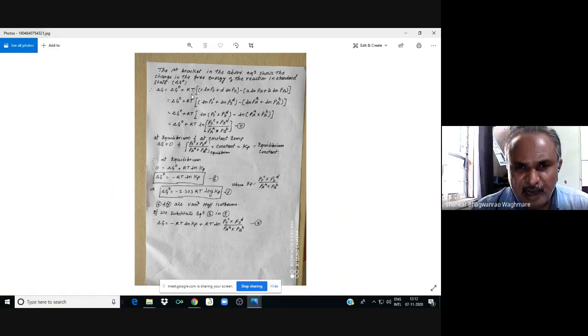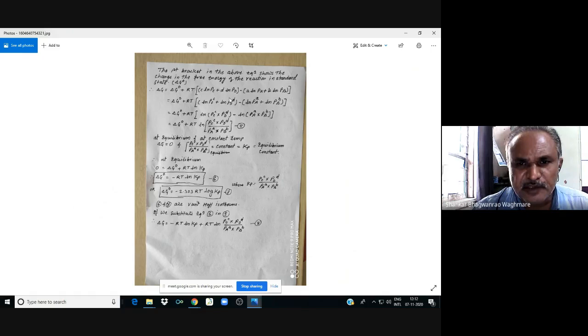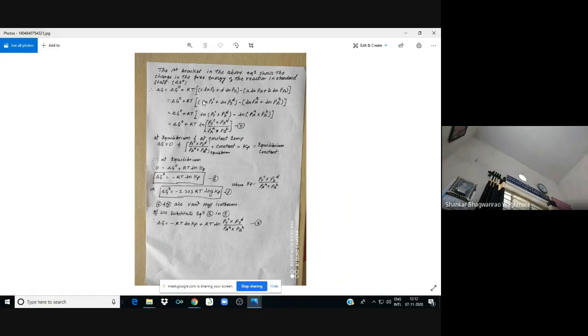If we take RT as common, then we can write this equation like this. And we know that a ln B is nothing but ln B to the power a. And if we arrange this equation in terms of these, then we get this type of equation.